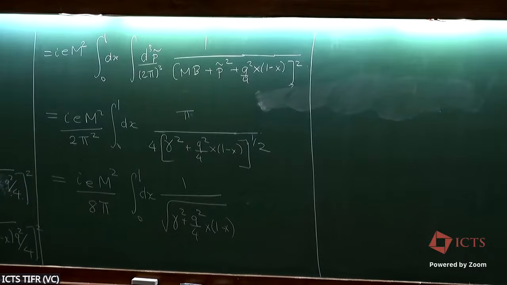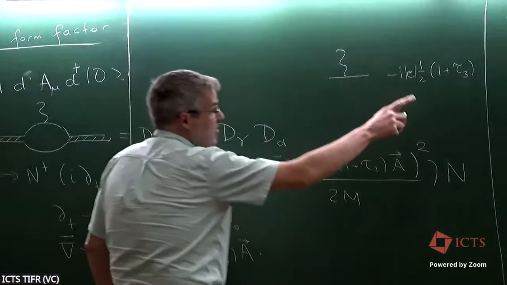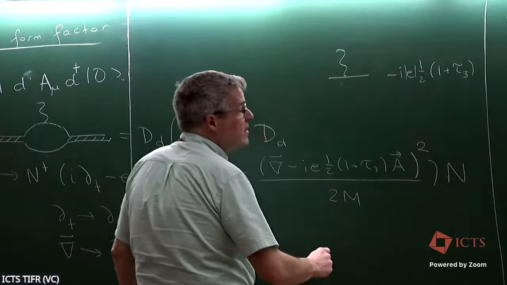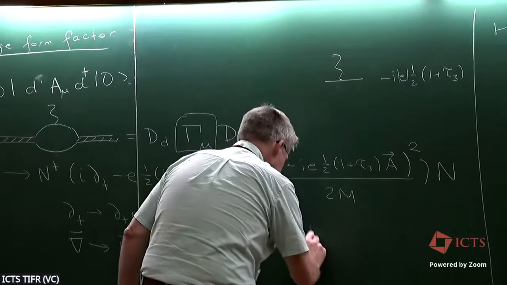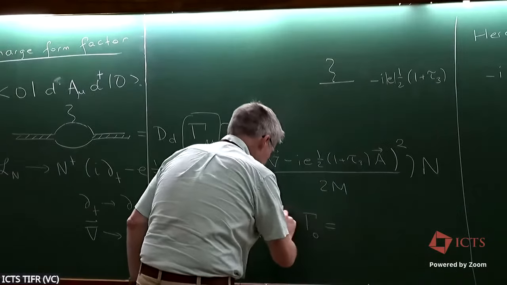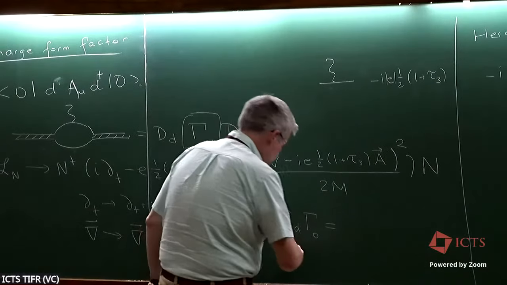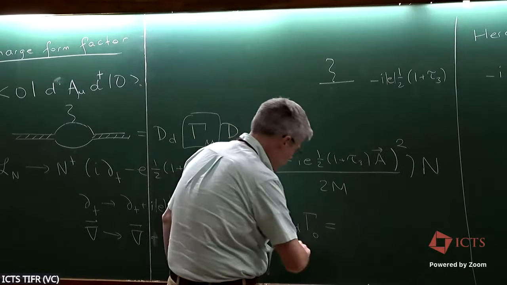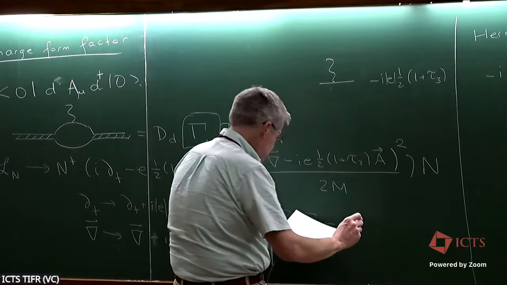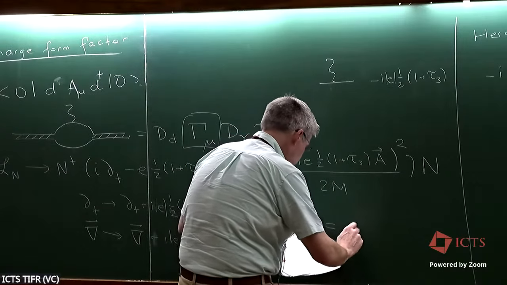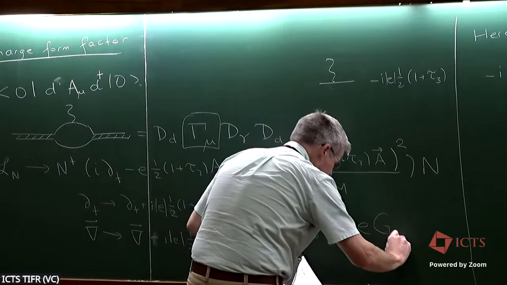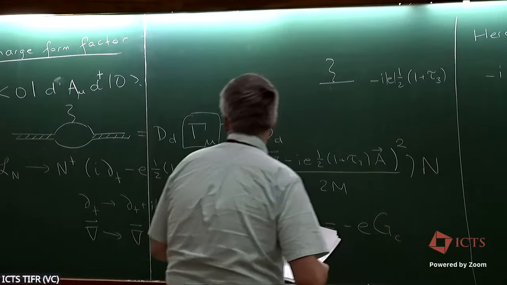And so gamma 0 here, the vertex that I'm computing here, if I multiply this by ZD, and so I'm working with a physically normalized deuteron state, then this is equal to minus E times GC.